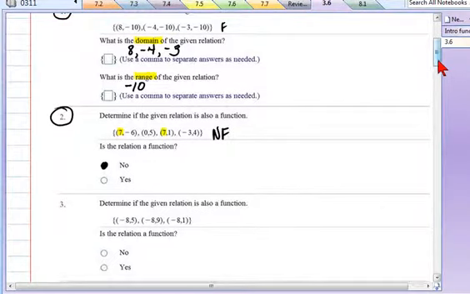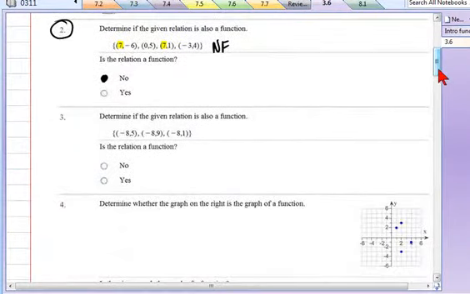All right, let's look at 3. Determine if this relation is a function. -8, 5, -8, 9, -8, 1. What do you say? Definitely no. -8 is kind of a floozy number.